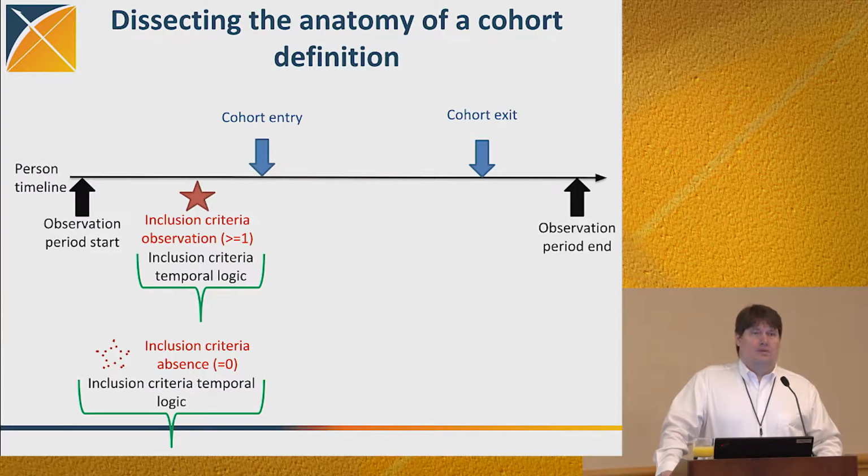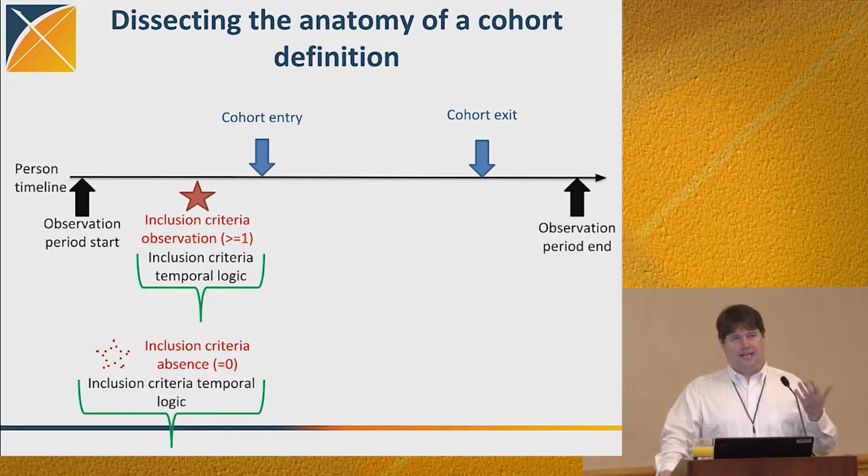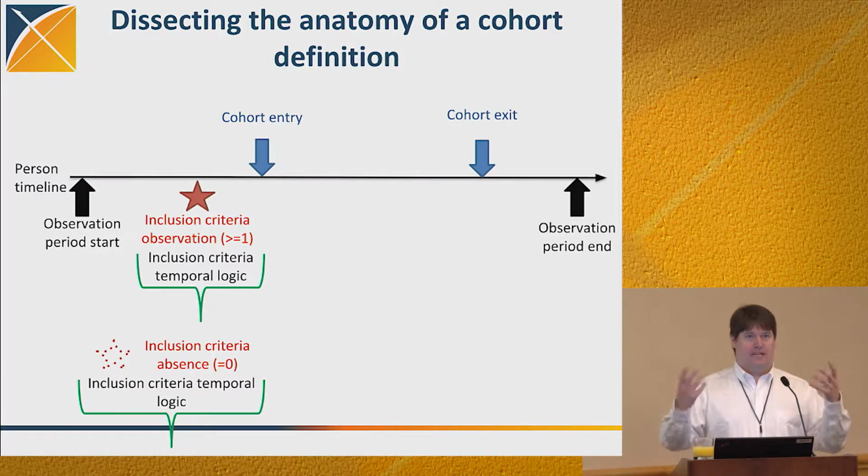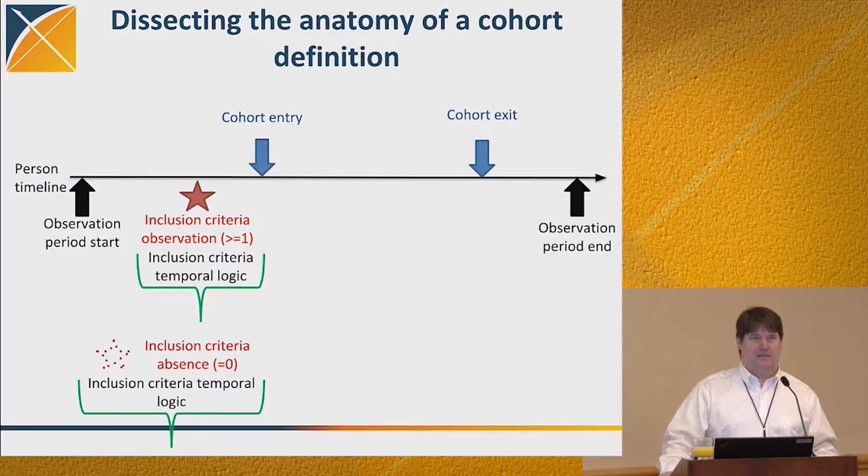So there should be no, and this may change for CDM v6, but I'll just give you my current understanding and what I think the current practice is. There should be no data points found in your data that fall outside the bounds of an observation period. That is what the rule should be. So when you look for data and you have a start and an end date, it will fall within some observation period somewhere.